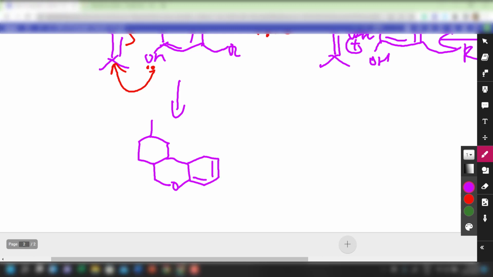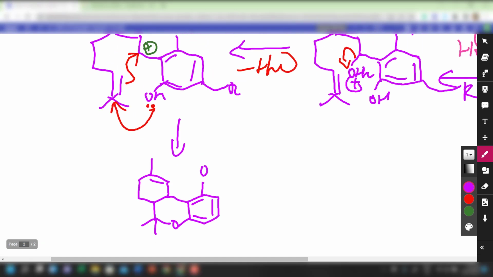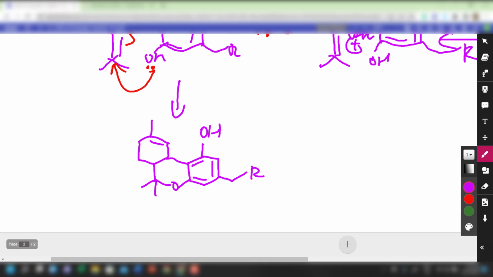Like this, like this, and then there's a pi system here, and then the OH, and then the R groups, and of course there's an H here, so this is a plus charge. And of course the final structure will be THC. So I'm just going to lose the proton, minus H plus, and you can then draw the structure. I don't think you need me to draw it.